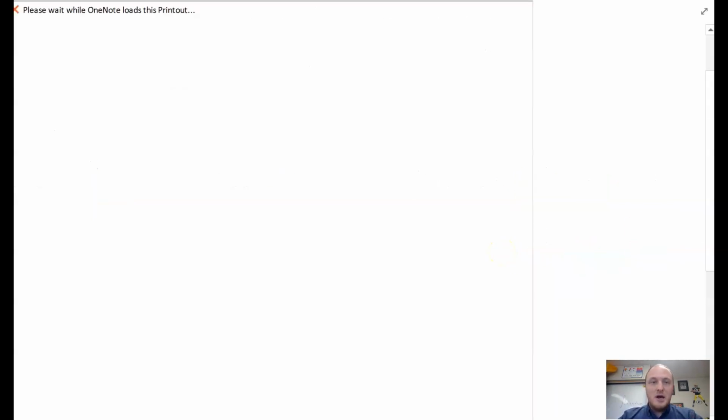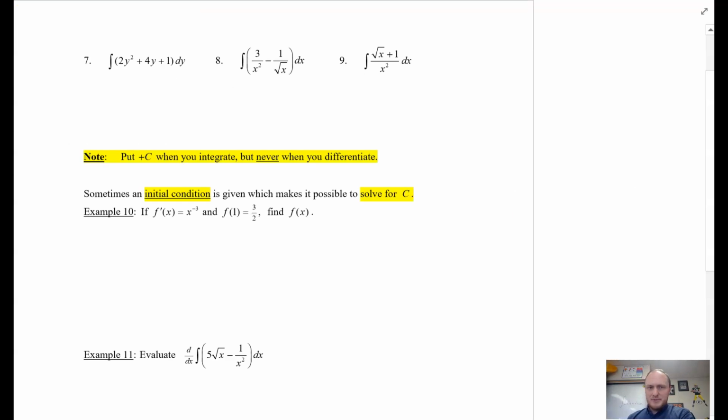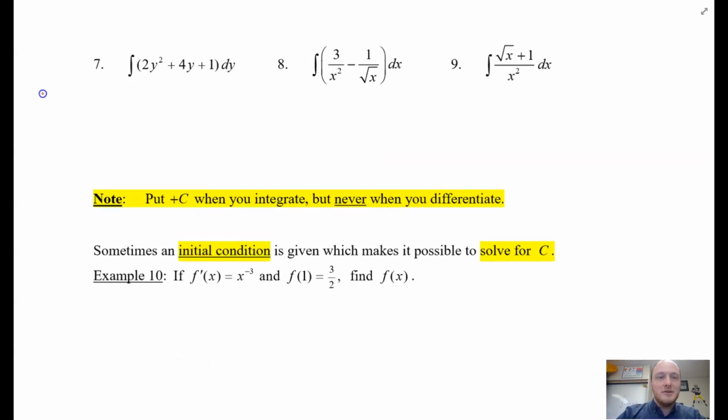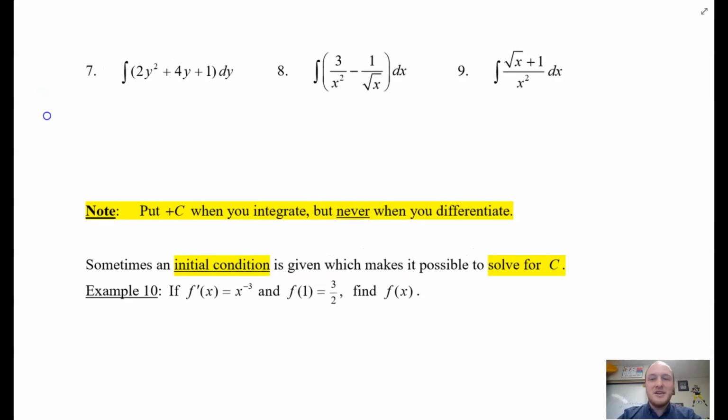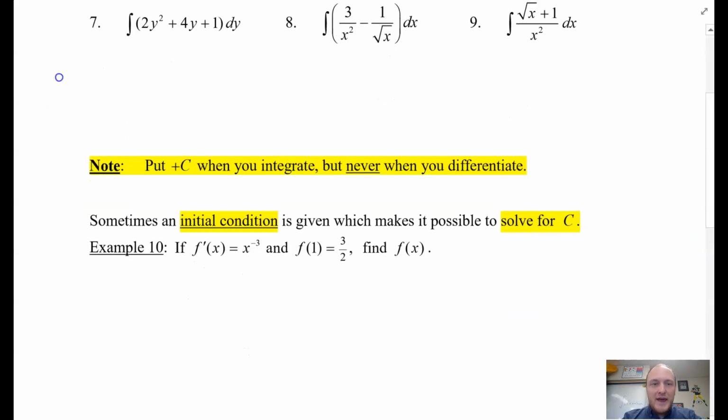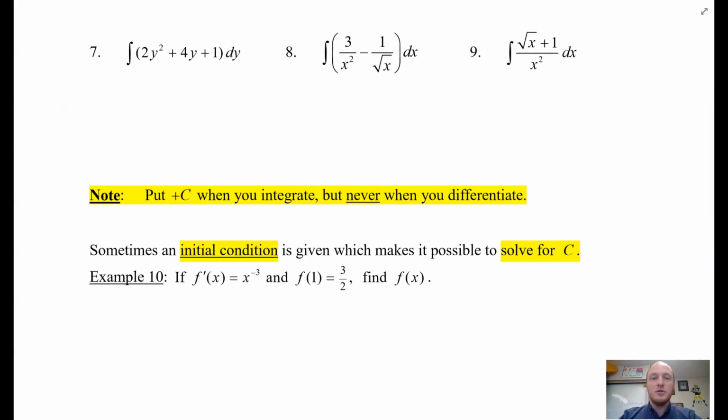The next examples that we're going to look at are slightly more tricky. We're going to start to get pretty gnarly here, I'm not going to lie to you. So let's look at number 7. Here I have the integral of 2y squared plus 4y plus 1 dy. I can integrate each of these pieces.